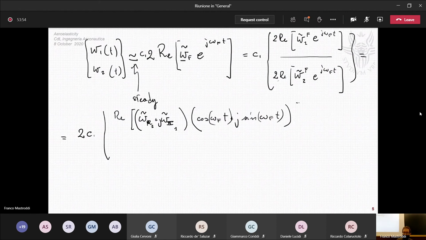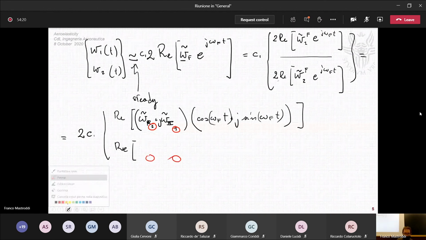Okay, and that's all. The same real part for the second component. In fact, here we have written this quantity for the first component of the vector, real and imaginary part, and we can rewrite the same for the second component. Identical quantity, but for the second component.